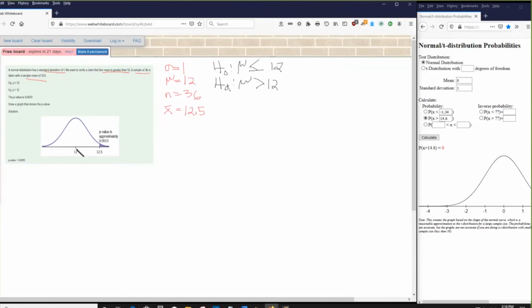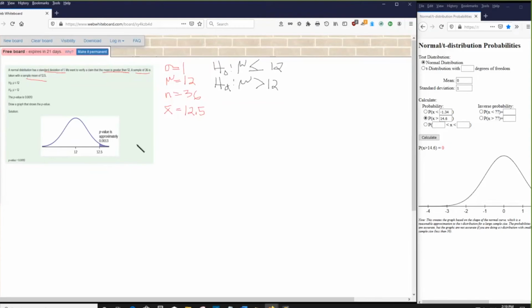We've got a mean of 12, and our sample gave us a mean of 12.5. So we want to test what is the likelihood that, if we do a bunch of tests, we're going to end up with a sample mean of 12.5 or something even greater than that.